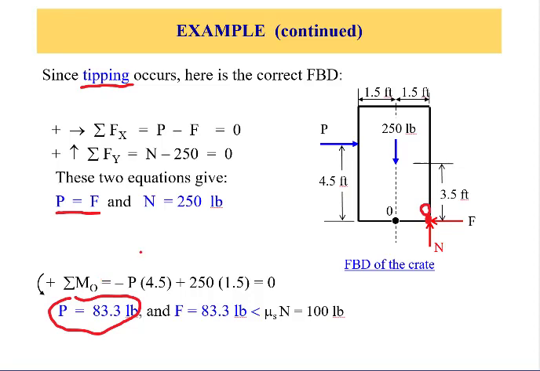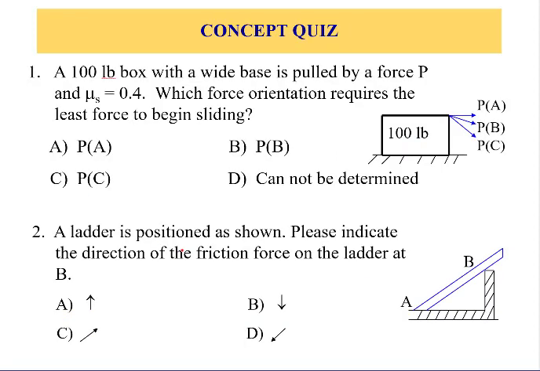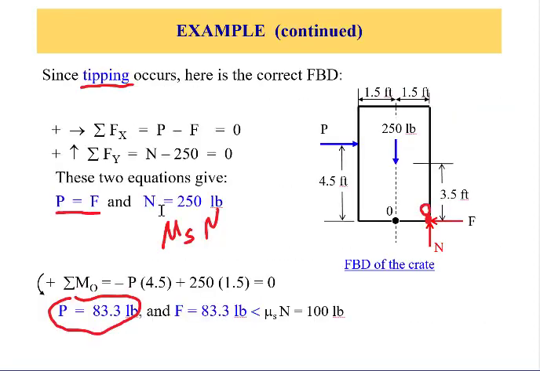The maximum static friction force is mu s multiplied by N. Mu s was given to be 0.4, multiplied by N, which is 250. So 250 times 0.4 is 100. Therefore 83 is less than 100, and that satisfies the condition that the object is tipping. So the solution is the second solution, which is tipping, and these are the magnitudes.